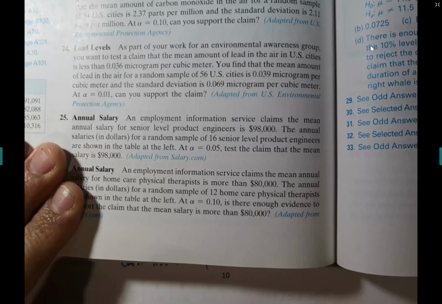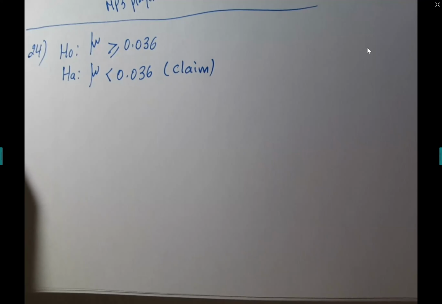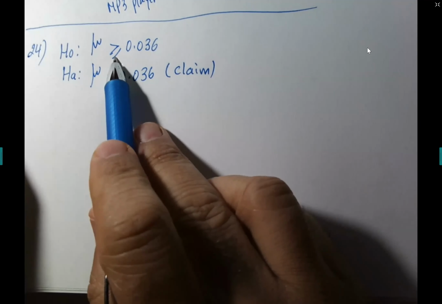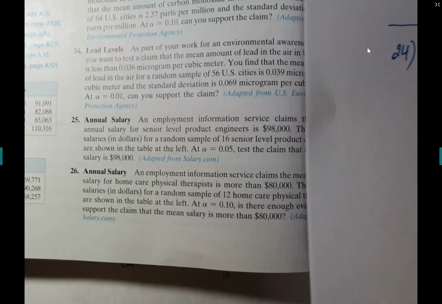Okay, guys, I'll pause for a minute to just have you write the null and the alternative, and then we'll compare them. So just take a minute and write them down. He says less than 0.036, so that's where my claim is, and the other sign will be greater than or equal to. And let's continue on reading, guys.